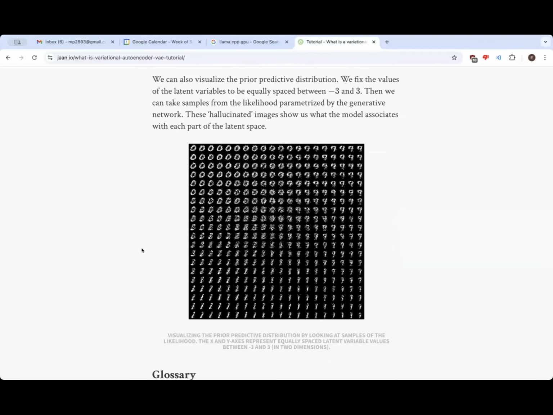Some axes will be only about digits, some only about style, some only about brightness, some other dimension only about, I don't know, the size of the digit. If you want to enforce that kind of explainability or disentangling of dimensions, you can turn to this literature.